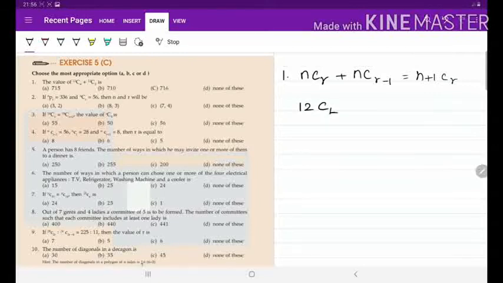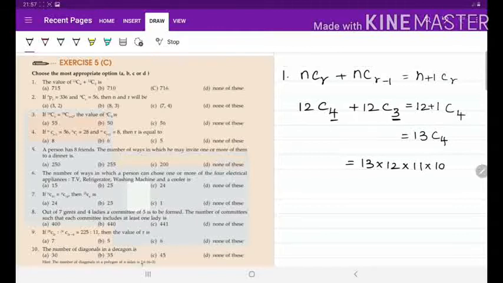Here we have 12C4 plus 12C3, which can be written as (12 plus 1)C4, which is 13C4, which can be written as 13 into 12 into 11 into 10 divided by 4 into 3 into 2 into 1.